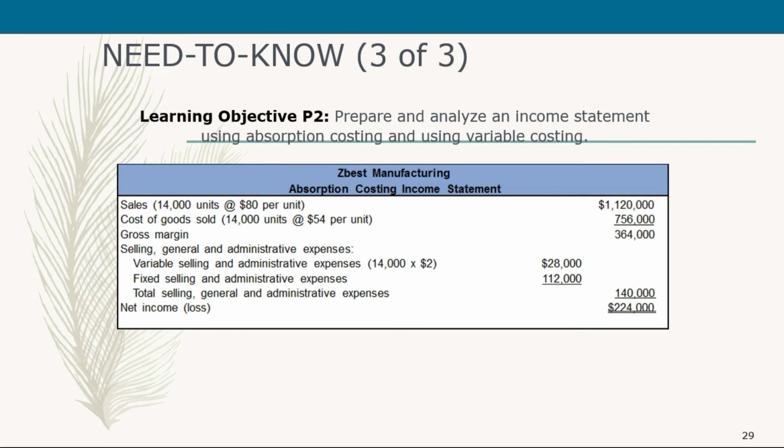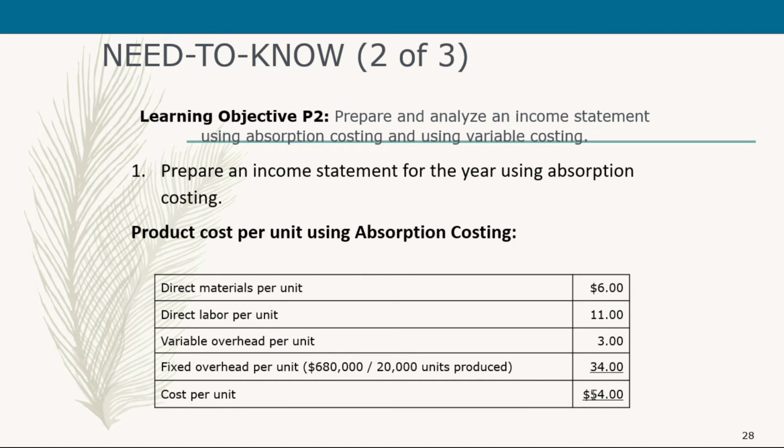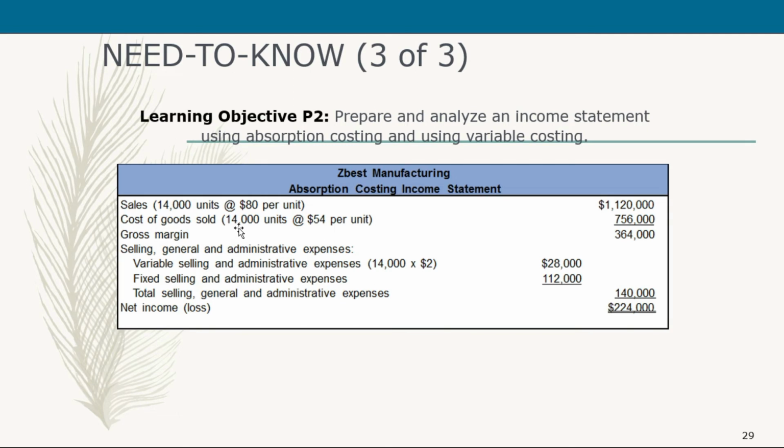We have computed in the previous slide that it is $54 per unit. So that is 14,000 units multiplied by your product cost under absorption costing of $54 per unit. It will give us your total cost of goods sold of $756,000. And we will deduct that amount from your sales, giving us a gross margin of $364,000.